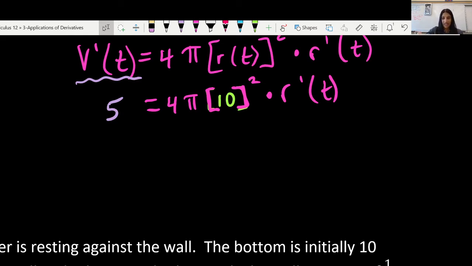So since that's the only variable we have left here, we can simply simplify this. So 5 equals, when we do this, 100 times 4, so I have 400 pi times r prime of t. And we can divide 5 by 400 pi.